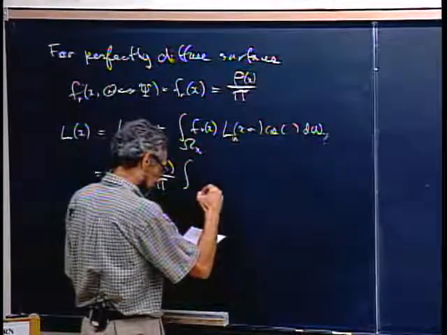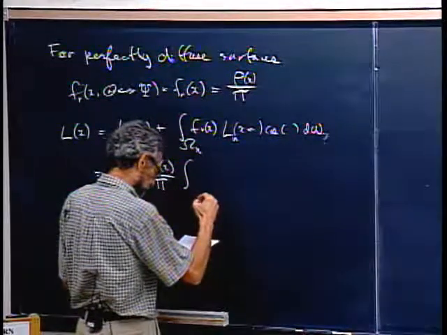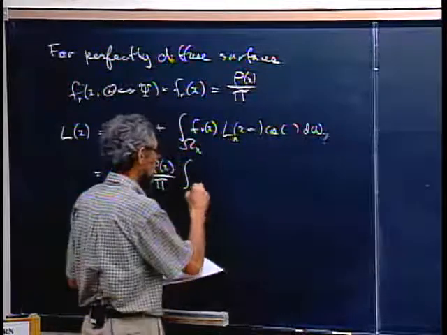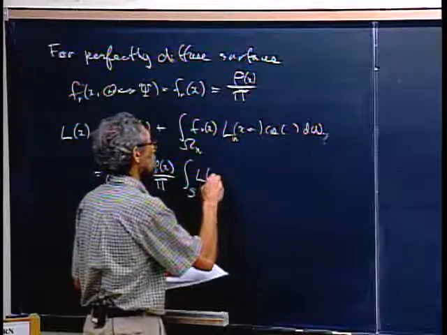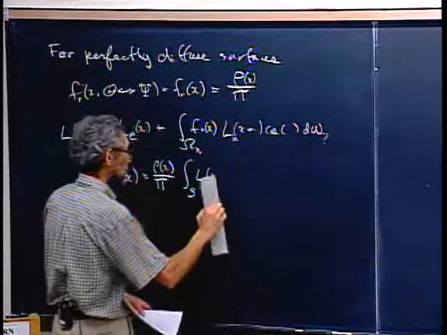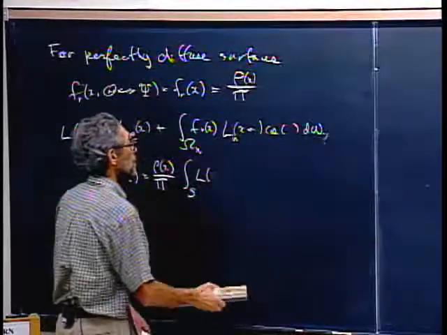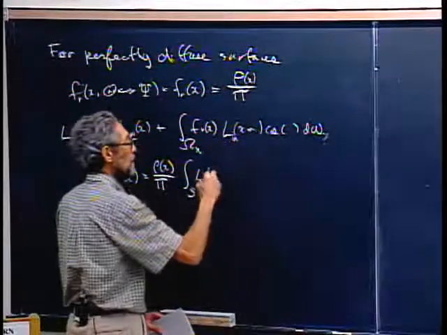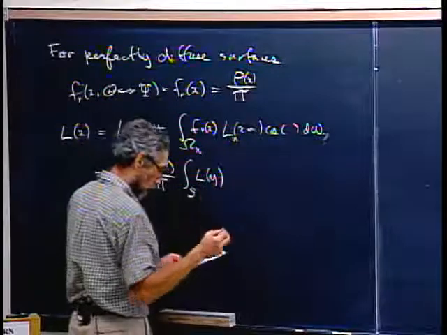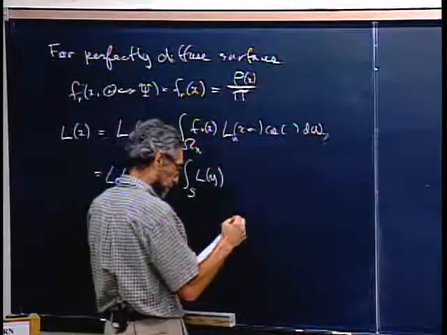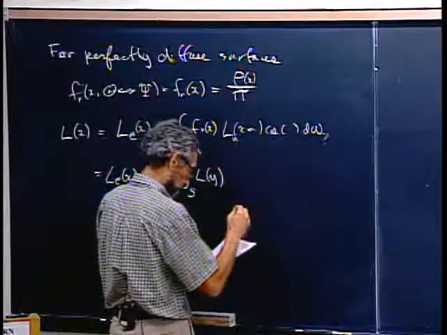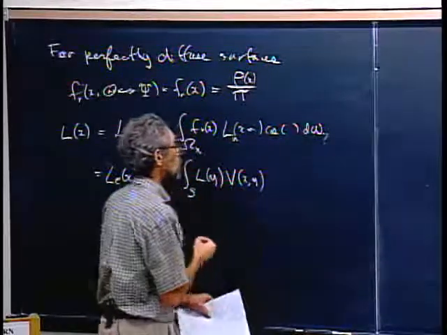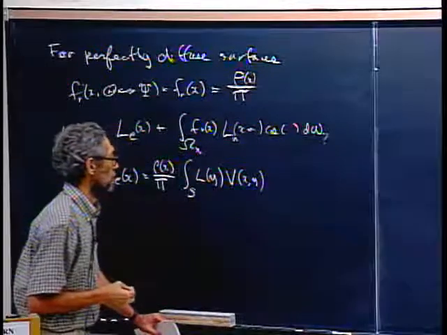So in that case, it's the integral over surfaces of L at some point y, the radiance leaving the point on the surface corresponding to that direction, L(y), times this visibility, which says whether x and y are visible to each other.